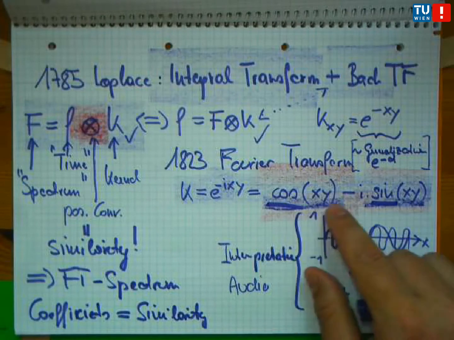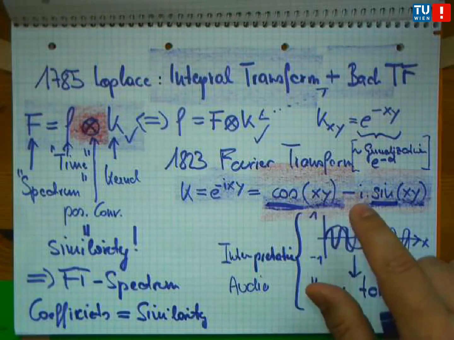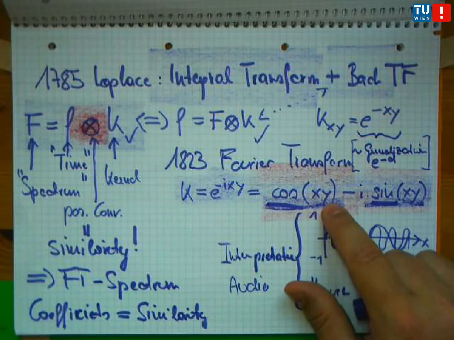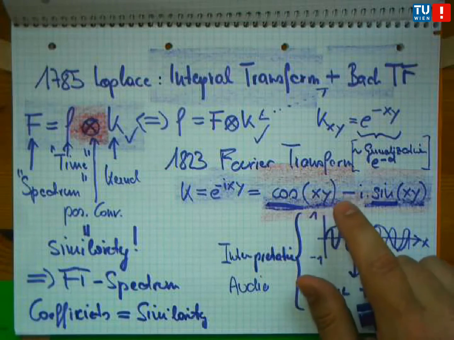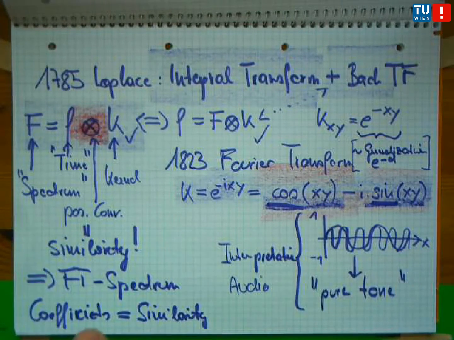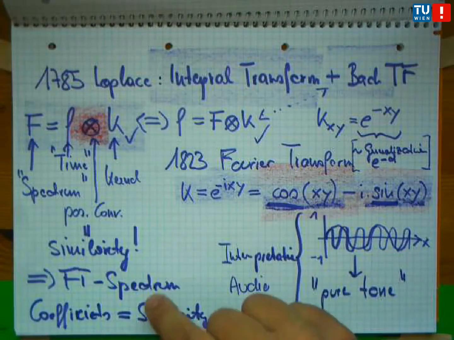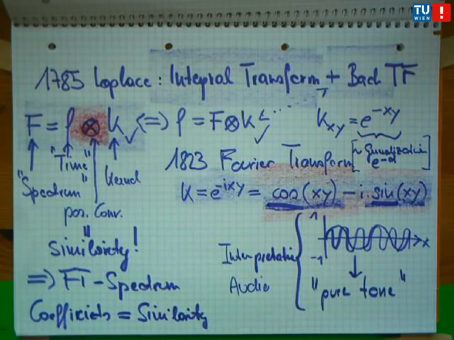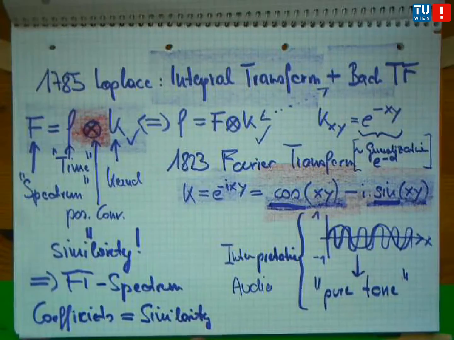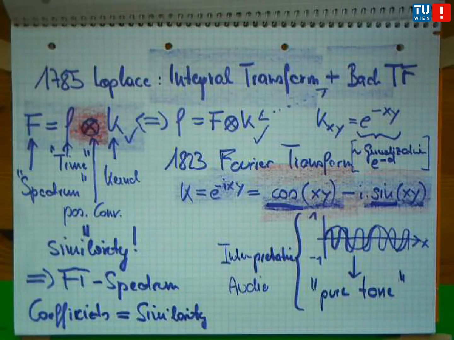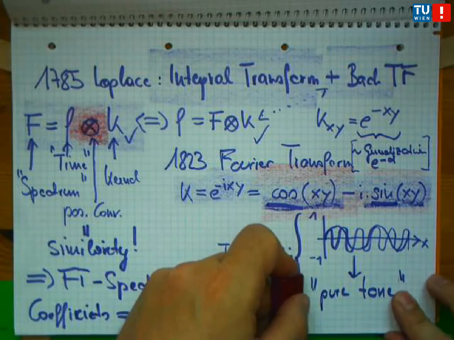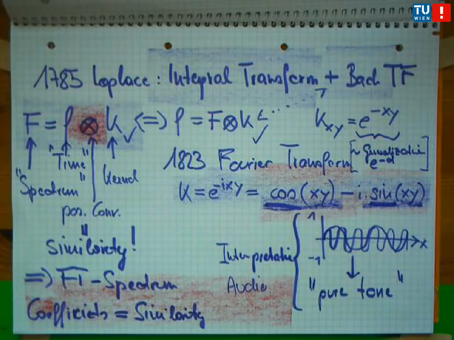So for different parameters x, the coefficient y tells us how similar the input signal is to a sine wave of exactly that frequency. And that is the fundamental property why the Fourier transformation is so big in the audio domain. Please try not to forget that.